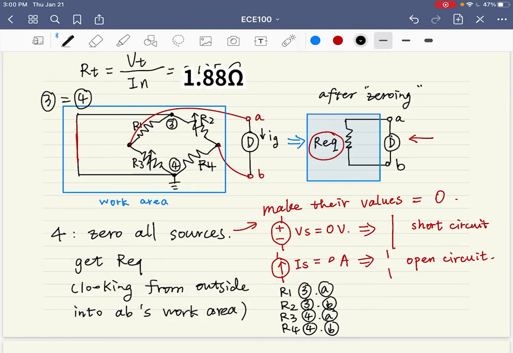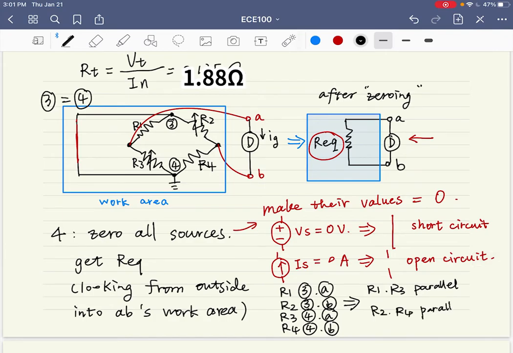But now A is not equal to B because we are not assuming A and B form a short circuit, right? So now the resistance relationship changed to R1 and R3 are in series, and R2, R4 are in parallel, right?